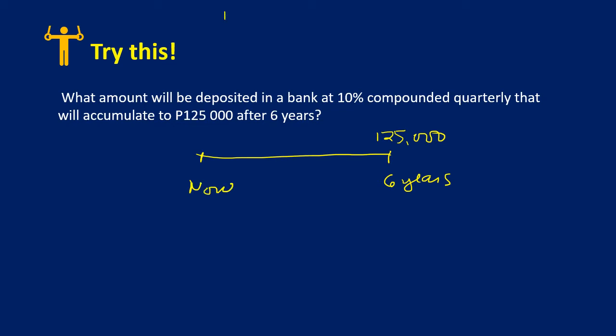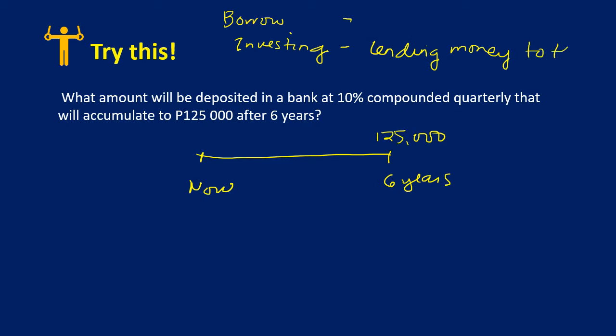Now, there is actually no difference between borrowing and investing. Correct? When you're the one investing, you are lending money to the bank. Whereas if you borrow, of course, the bank lends money to you.